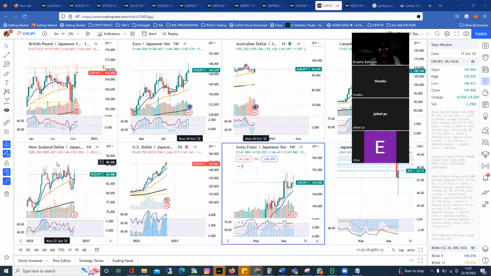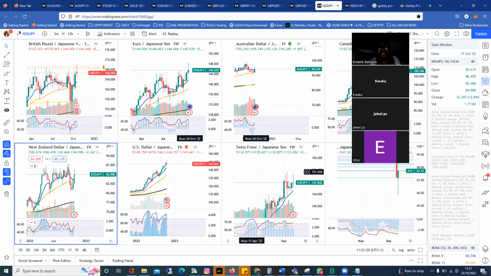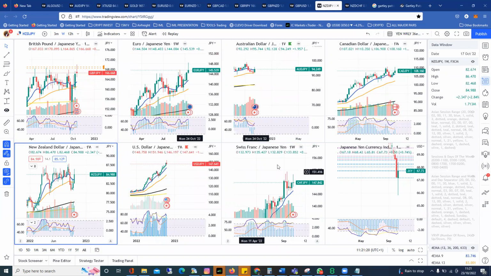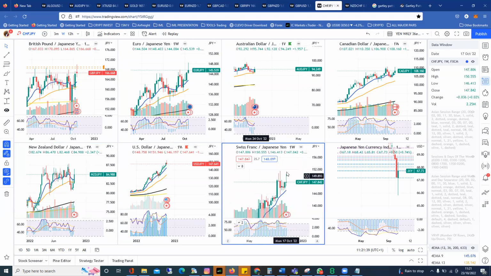So you are just basing your trade pick on the right way to actually look at the market. So I'll be considering pound yen because of this rejection, a good rejection. The Swiss yen, there's a weekly rejection as well, or weekly doji.